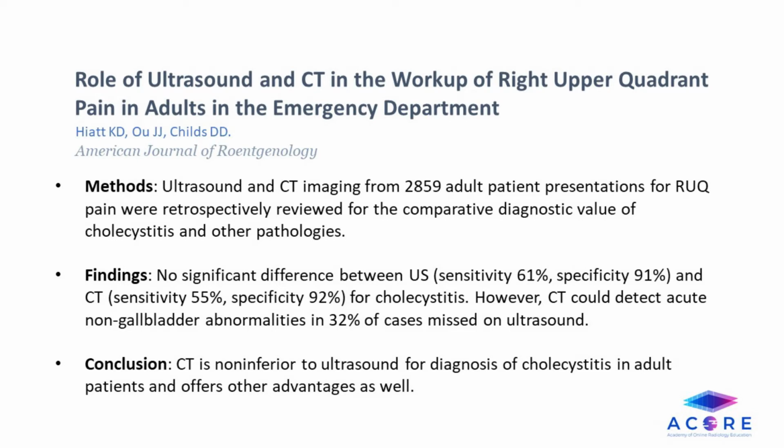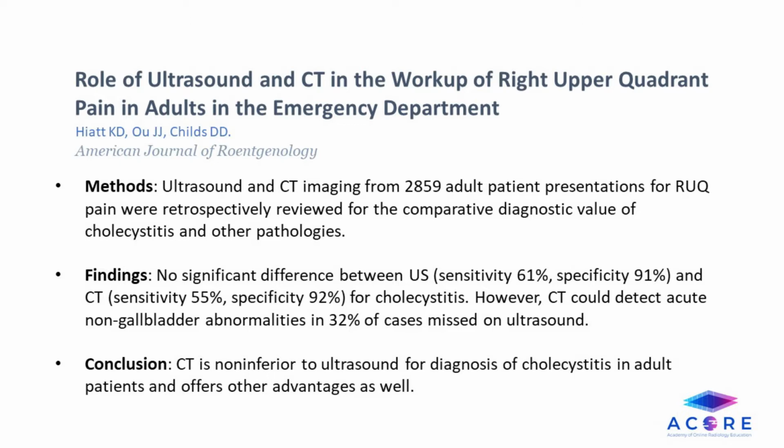This study, published in AJR, was a retrospective review of more than 2,800 adult patient presentations for right upper quadrant pain, which were reviewed for the comparative diagnostic value of cholecystitis and other pathologies by ultrasound and CT.